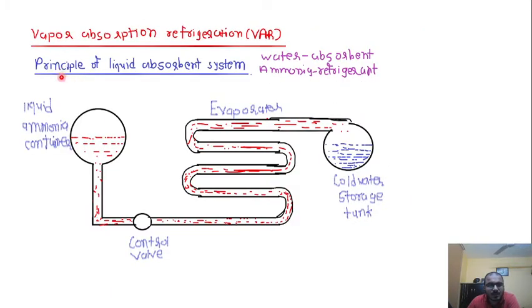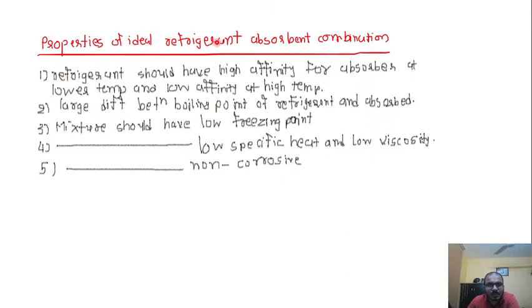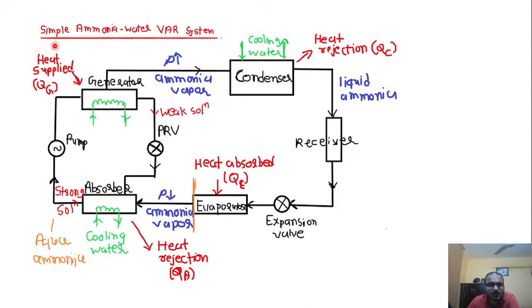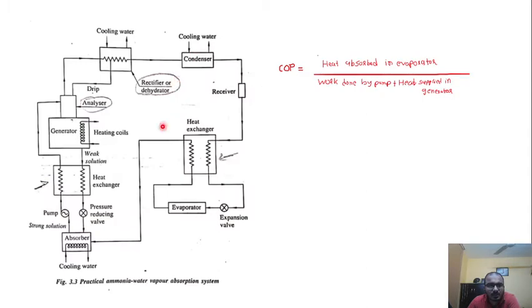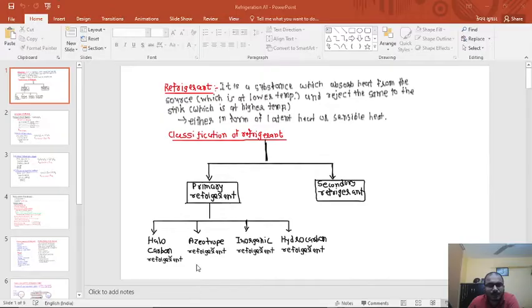Then we discussed the principle of vapor absorption system, then properties of ideal refrigerant absorbent combination. Then we studied the simple ammonia water vapor cycle, and then the practical ammonia water vapor absorption system. So that was the end of our previous lecture and previous chapter.